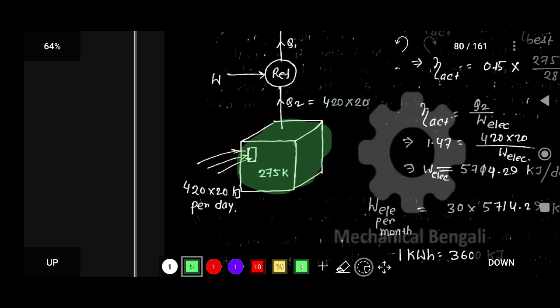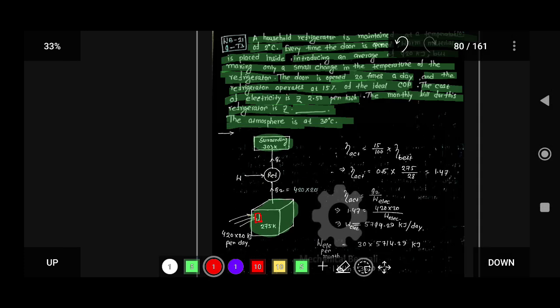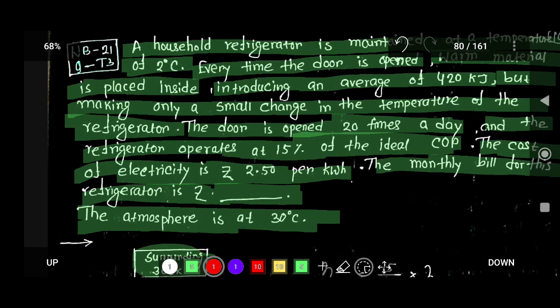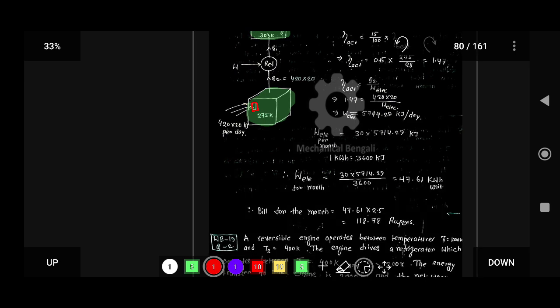And there is a door, and the door is open 20 times per day. Here in the question, the door is open 20 times a day, meaning 20 times in one day.